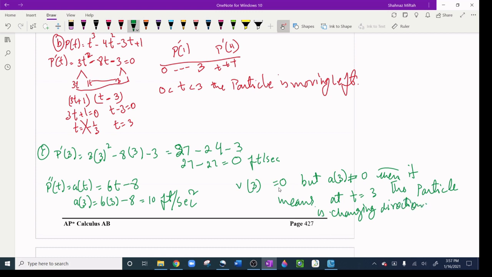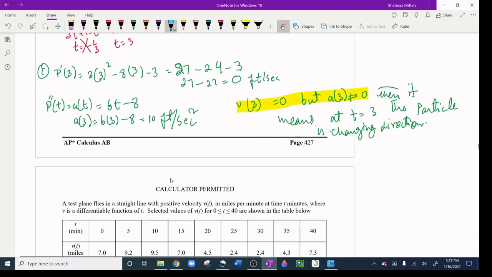Whenever your velocity is 0 and your acceleration is not 0, the particle is changing direction at that t equal 3. This is something you guys have to remember.